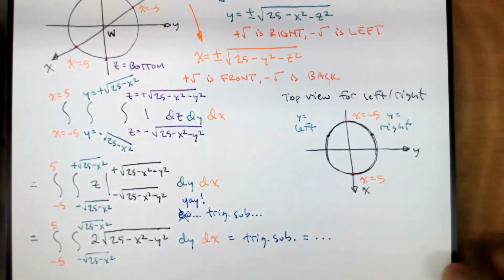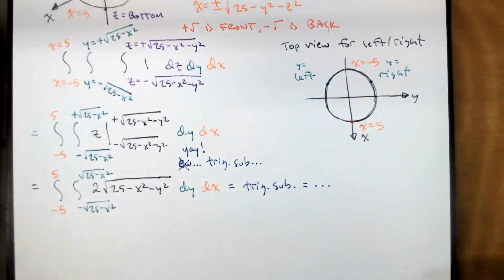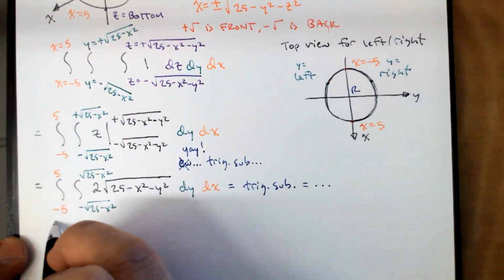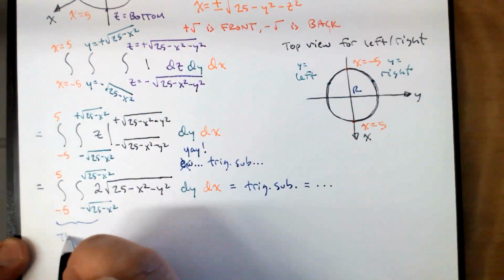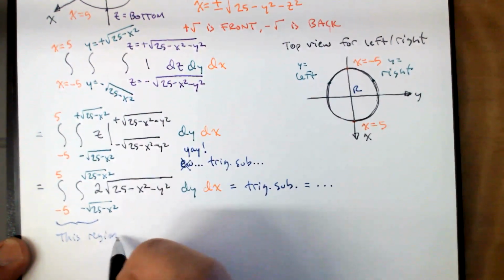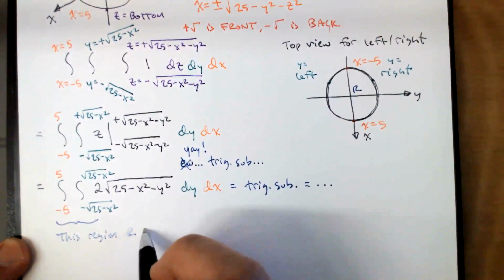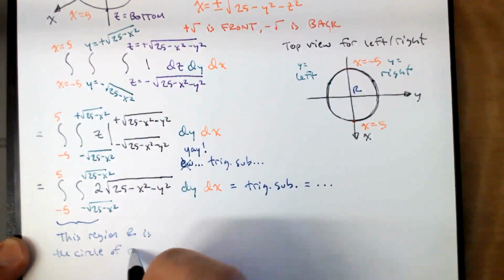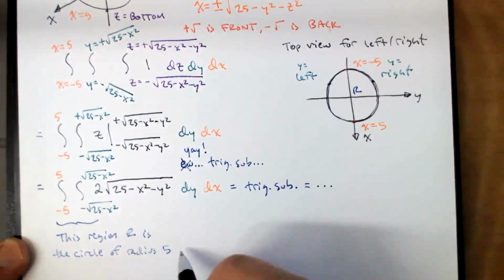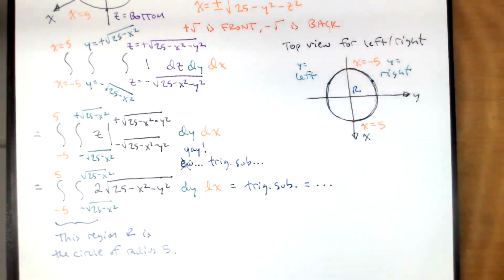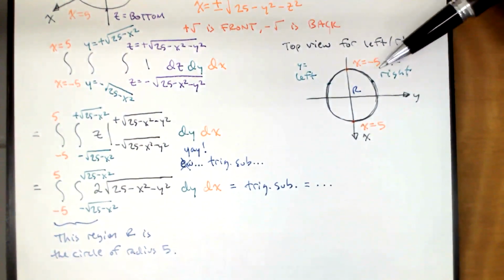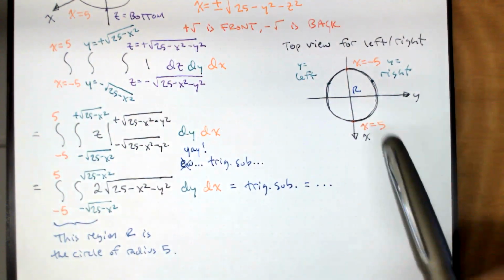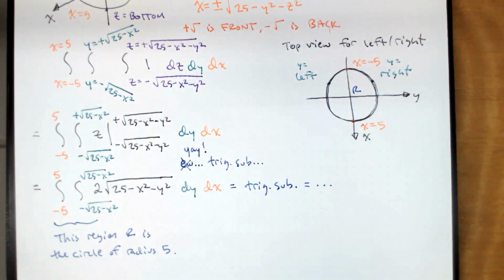So notice that this region R in the double integral is the circle of radius 5. And we did the left and right. That's how we would describe the double integral for integrating over that circle.